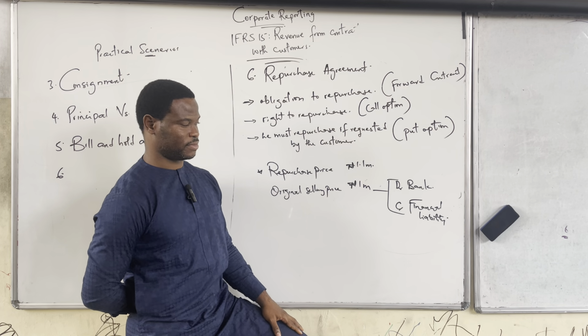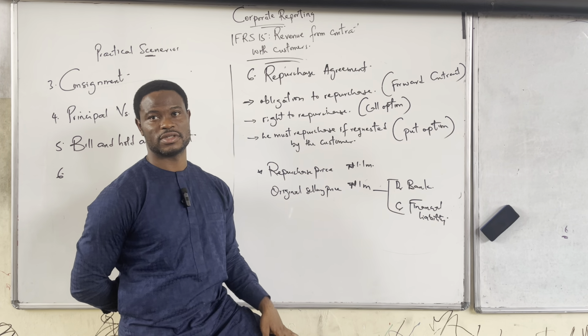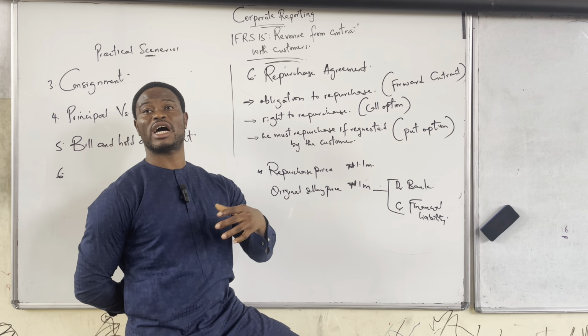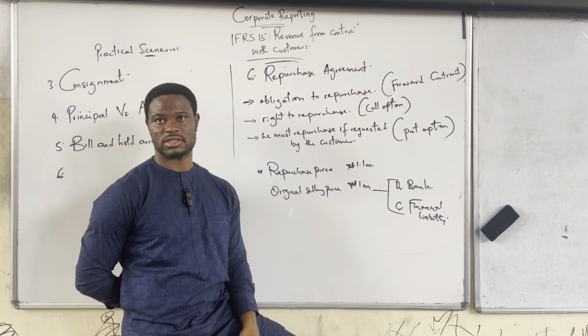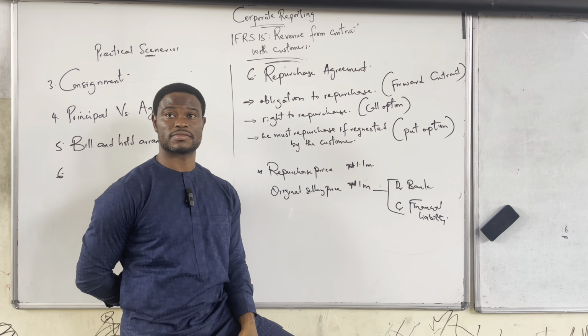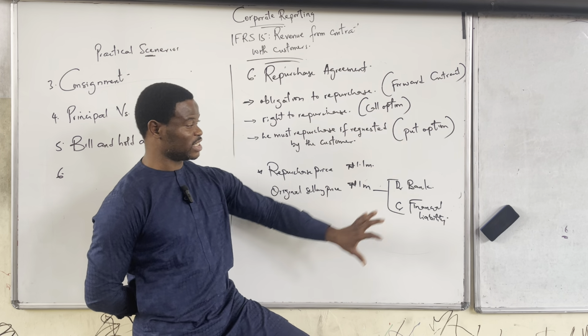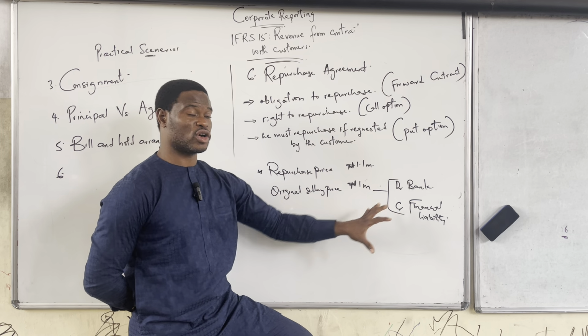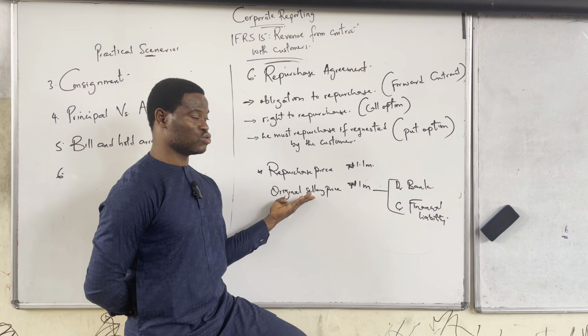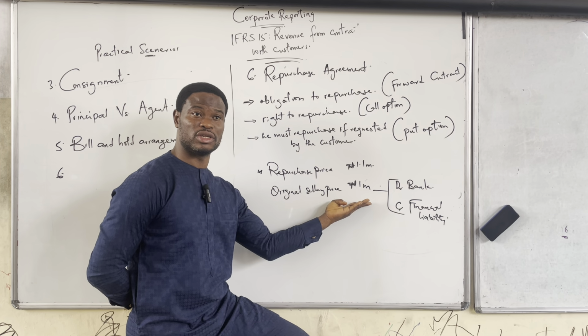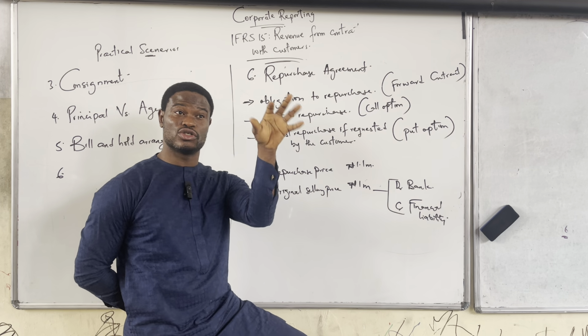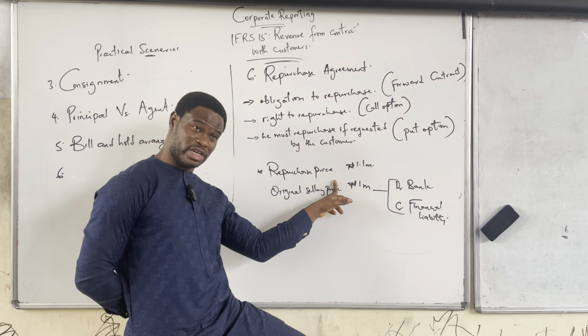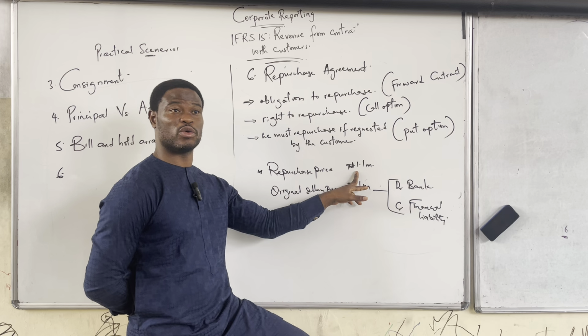So ultimately, if you now repurchase it. Is this unclear? This 1 million naira, is it clear? Because we are saying that you sold something to somebody for 1 million. The person has used it. You now want to repurchase it for 1.1.